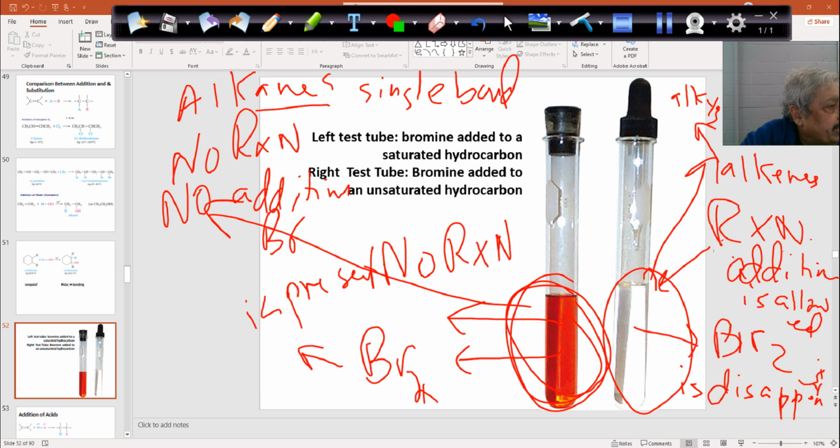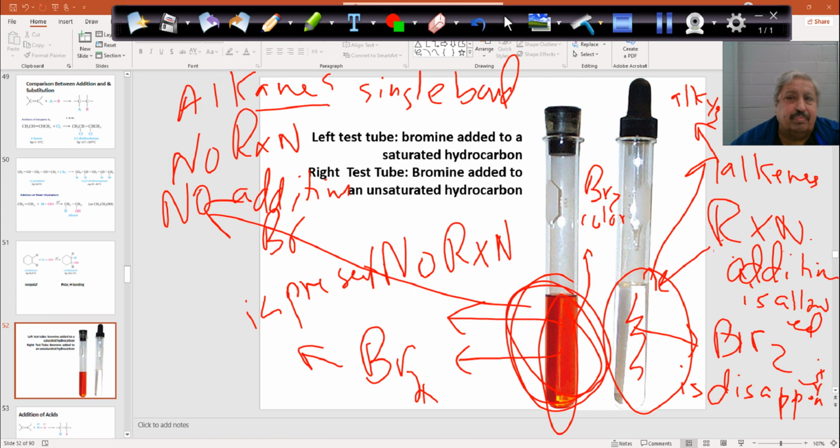If the bromine stays, it means we have a single bond. No addition is allowed. Bromine does not react, does not add itself to the molecule. If the bromine adds itself to the molecule, it will be what? It loses its color. This is the color of bromine. So it's no reaction. So the double bond and triple bond, the bromine does add itself to them.